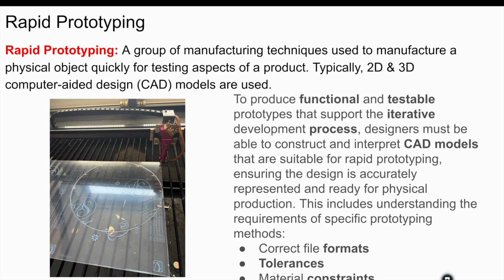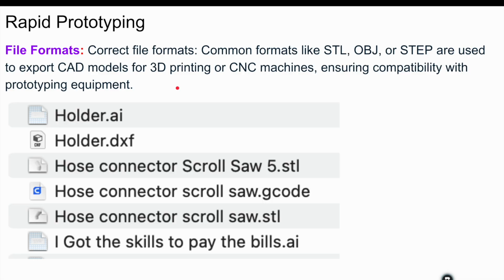This includes understanding the requirements of specific prototyping methods. Correct file formats are important. Tolerances and material constraints are also important. This is, of course, a laser cutter, and it's laser cutting acrylic. So, correct file formats. The common formats are STLs, OBJs, and STEP, and these are used to export CAD models for 3D printing and CNC machines, ensuring compatibility with the prototyping equipment.